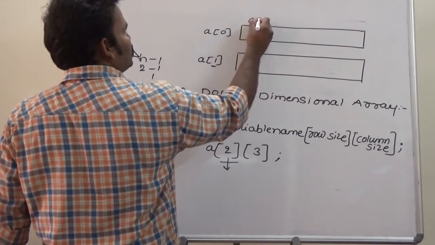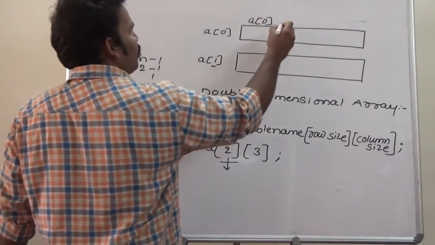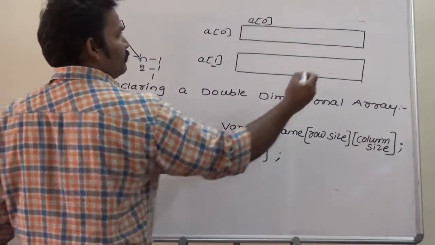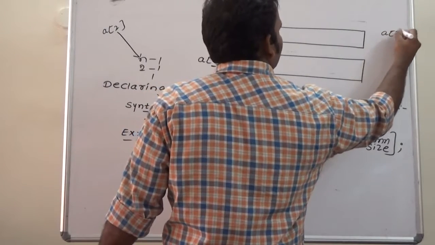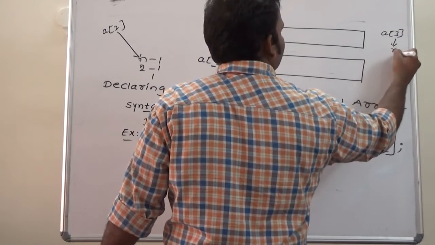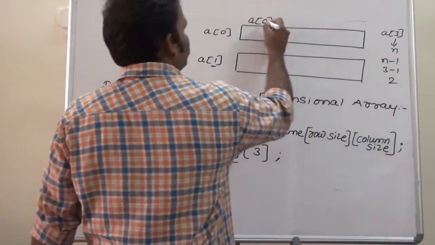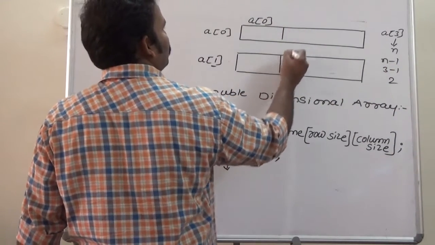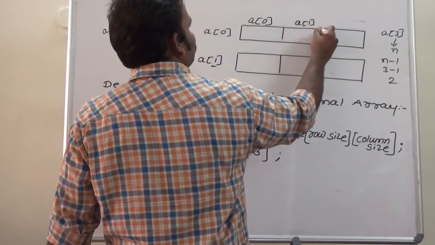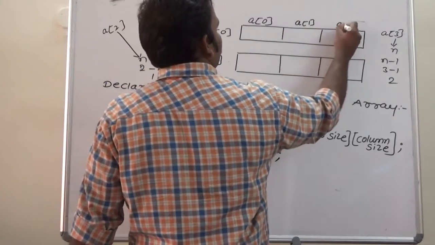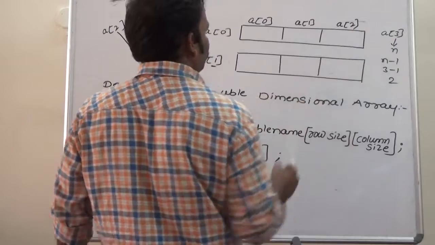Here also the index value starts with 0 and ends with n minus 1. For A of 3, n value is 3, n minus 1 means 3 minus 1, which is 2. A of 0 is the first column, A of 1 the second column, A of 2 the third column.